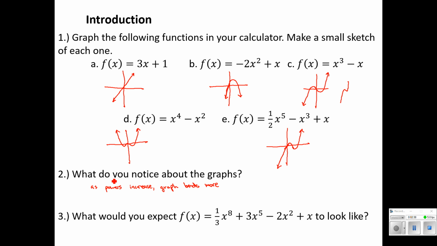We may notice that with odd powers, like x to the 1st, x to the 3rd, x to the 5th, odd powers mean the graph goes in different directions. Whereas if we had even powers as our highest powers, the graph takes the same direction.